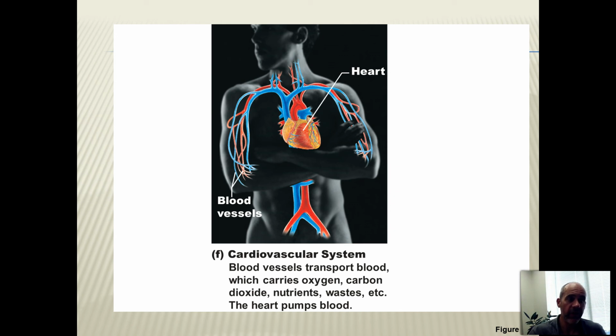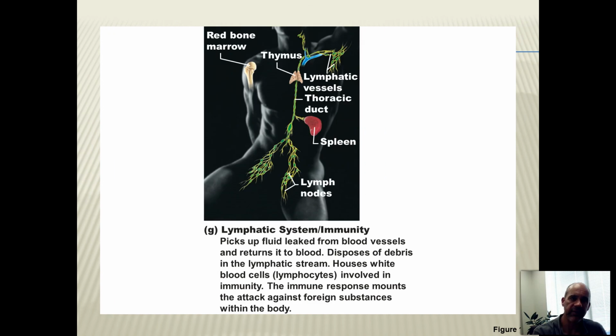So the cells in your body are very active. They produce wastes, and the bloodstream has to cart all those wastes away so that you can release them in your urine or your sweat or your feces, or even as you exhale air out of the body. So the cardiovascular system has multiple functions, bringing the good stuff to all of your tissues and taking away all the bad stuff.